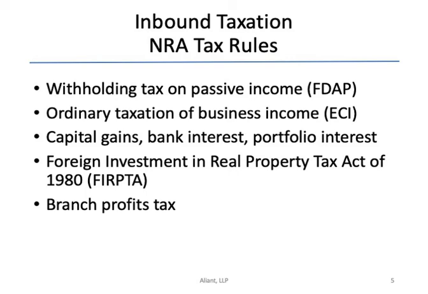A gain from the sale of real estate is treated as income from a U.S. traded business, and foreigners are taxed on that, and we'll talk about that in a sec. But all other capital gains, like a capital gain on the sale of stock or capital equipment or intellectual property, what have you, just no capital gain. Foreigners are exempt from taxation of capital gains by the United States. So that's very attractive to foreigners.